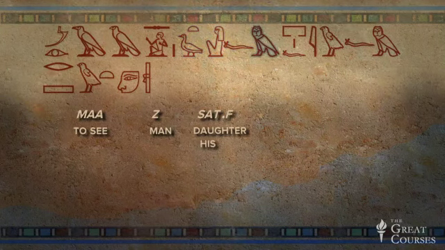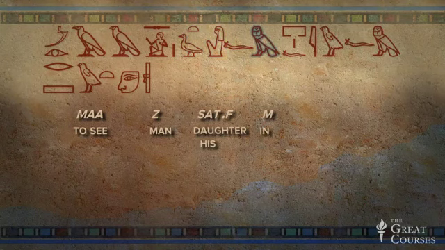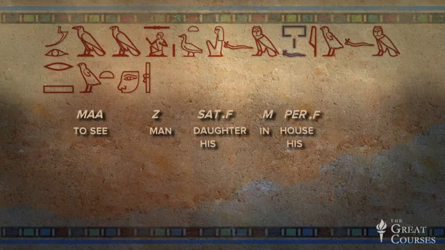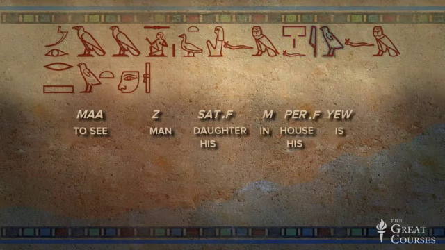Next, we have our owl, which will mean in, because we can see house is coming next. Tacked onto house, per, is the viper again. So it will be his house. Now, continuing right along, we see another verb, eu, is.